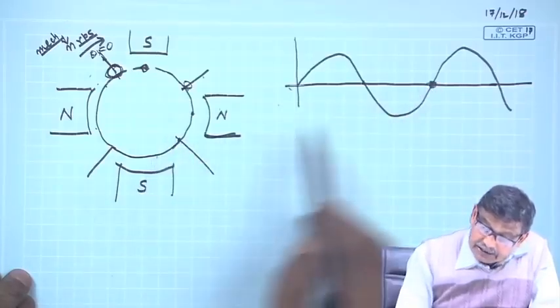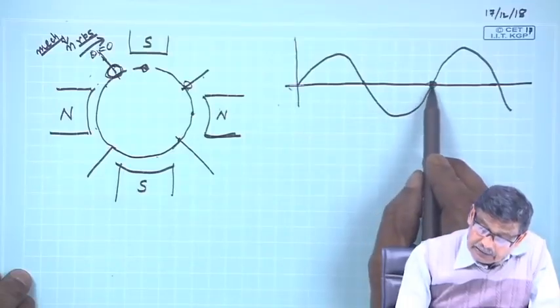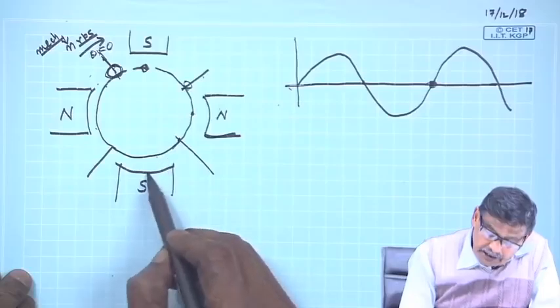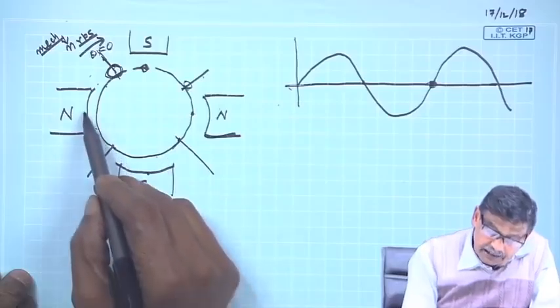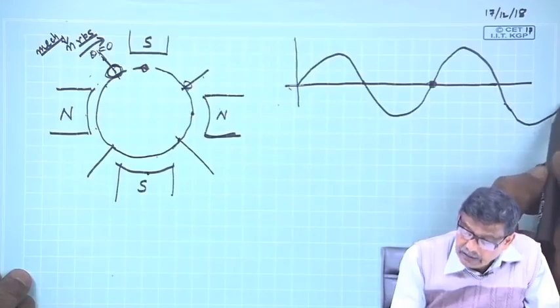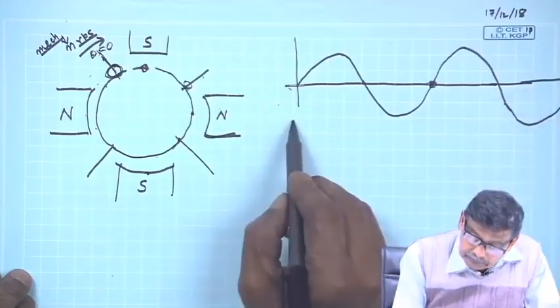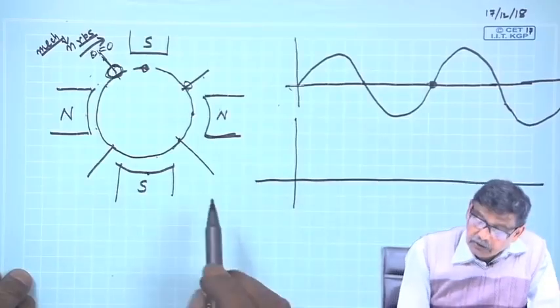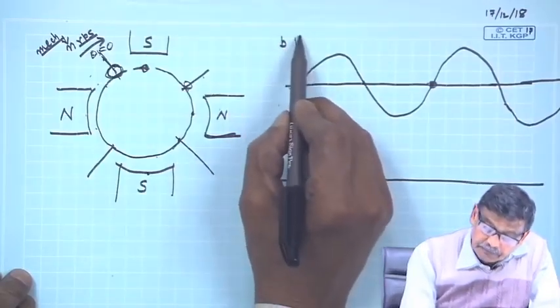Then once again it will have maximum here, 0 here, maximum here. So, this is the thing. So, this is B distribution.